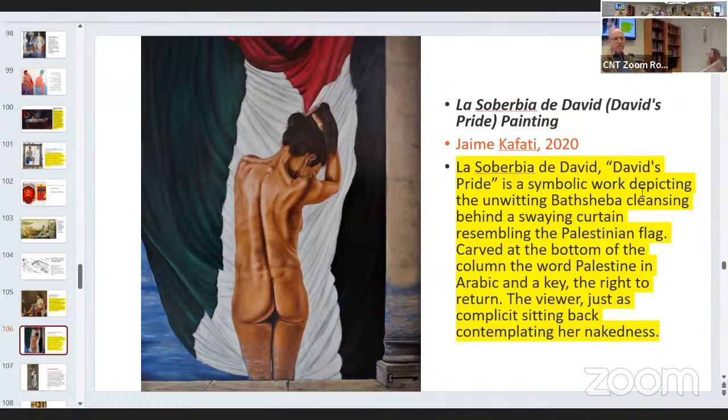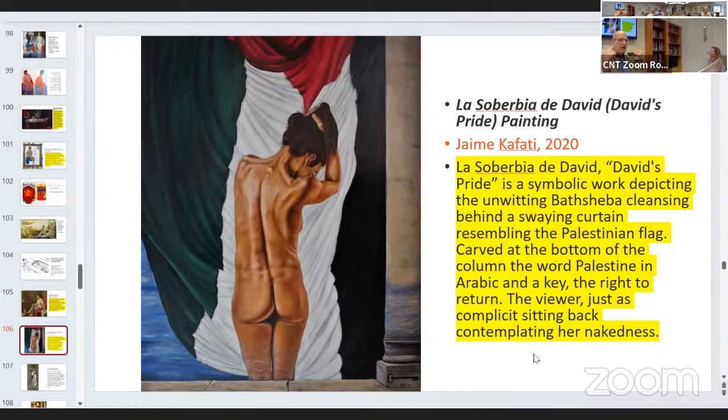David's Pride is a symbolic work depicting the unwitting Bathsheba cleansing behind a swaying curtain resembling the Palestinian flag. Carved at the bottom of the column, the word Palestine in Arabic, and a key, the right to return. And the viewer, which is us, just as complicit, sitting back, contemplating her nakedness.